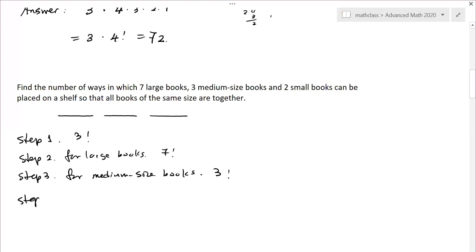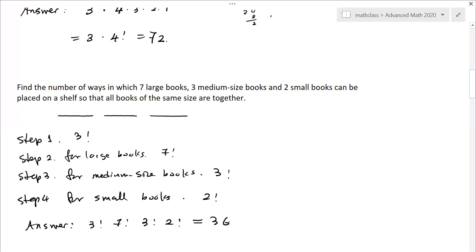Then step 4, you complete the arrangements for the small books, which is 2 factorial. So the answer, according to the principle of counting, is 3 factorial times 7 factorial times 3 factorial times 2 factorial. If we multiply this out with the calculator, the answer is 362880.